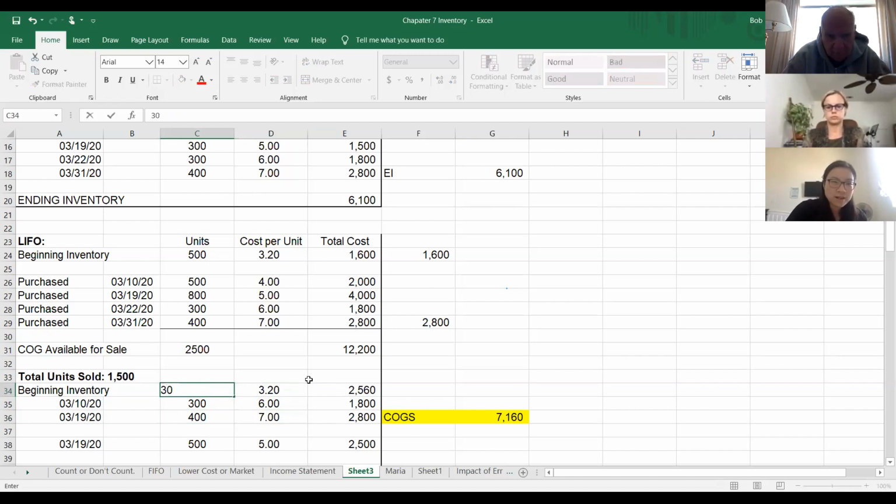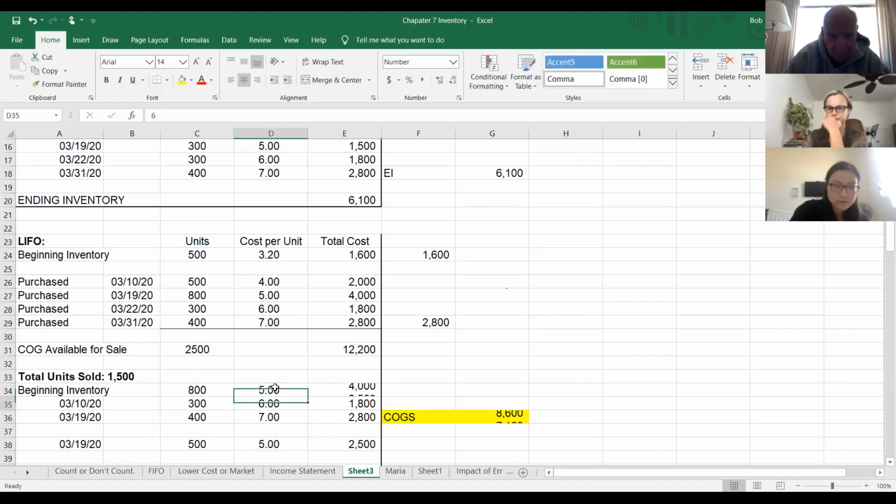No, I mean 800 and cost per unit is 5. This here is the ending inventory. But hold on one second. We sold 1,500, 400 plus 300 plus 800. We sold 800 at 5. Did I get it right, Kelly?